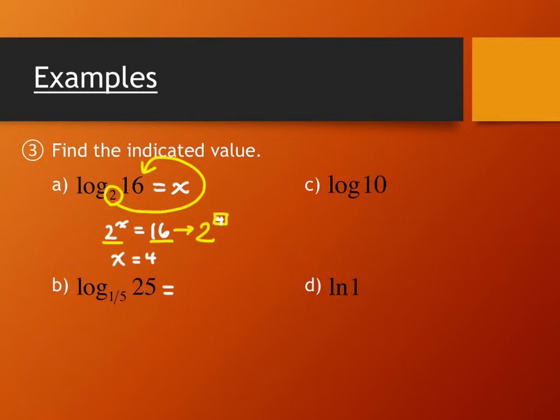We're going to start out with saying equals a variable so that we can rewrite it in exponential notation. So I'd like for you to take a second, rewrite the exponential notation, and then we'll reconvene and we'll solve it together.